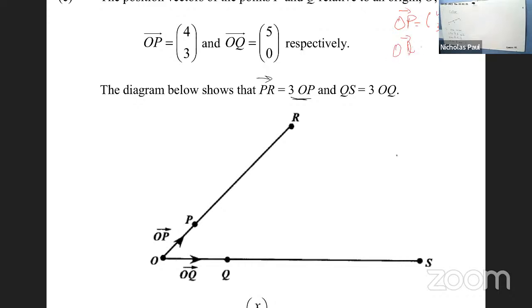OQ is 5-0. So what is PR? Right? PR is 3 times OP. So that'll be 12-9. Correct? Yeah? So you're multiplying 3 by OP.